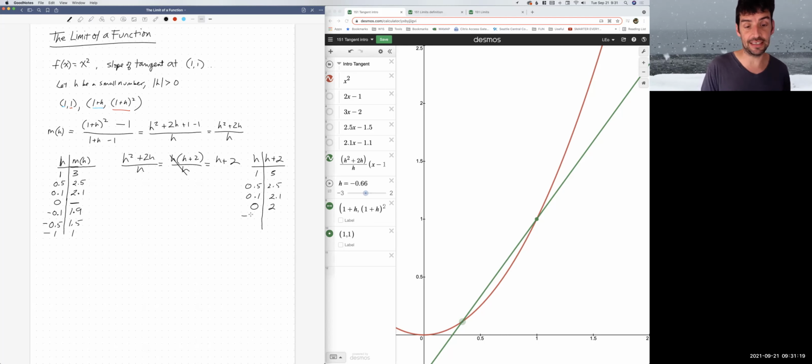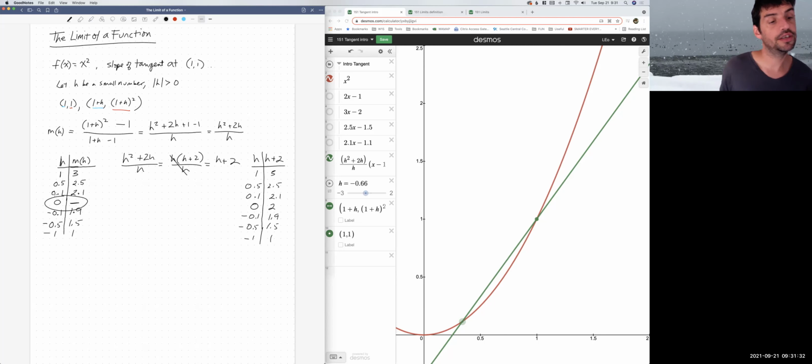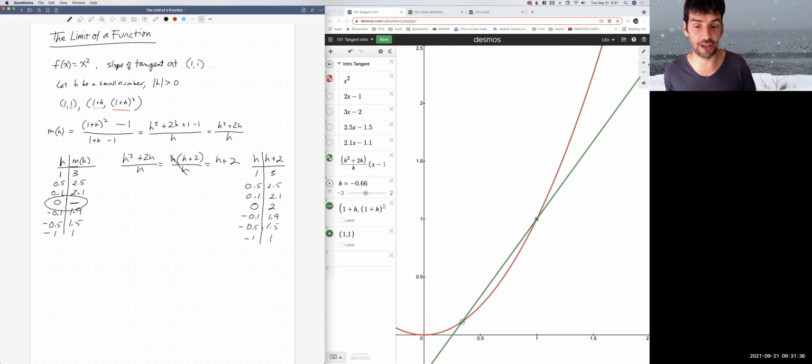It's defined here at 0, while the first expression wasn't. Right, so we see a very similar chart, except for this one place where the thing on the left was not defined, but this new expression is defined there.